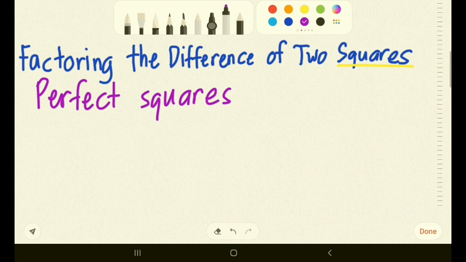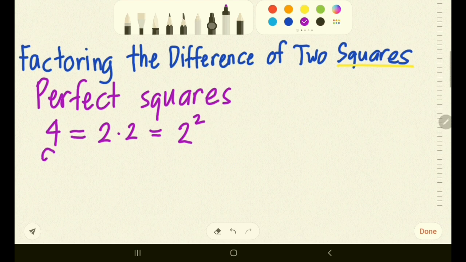Say for example, you have your 4. We all know that it's 2 times 2. So when you express this in exponential form, or to the power of 2, this is 2 squared. Meaning 4 is a good example of a perfect square.